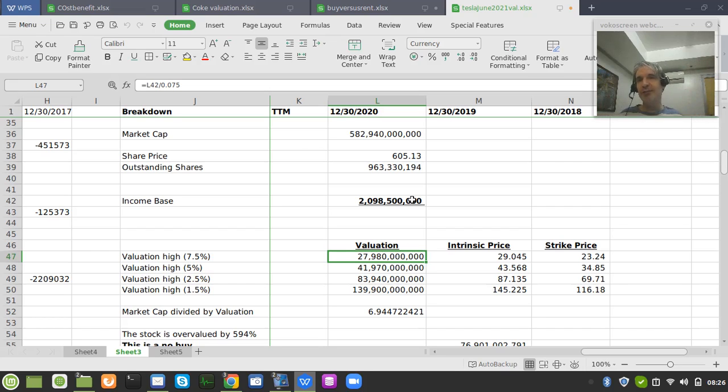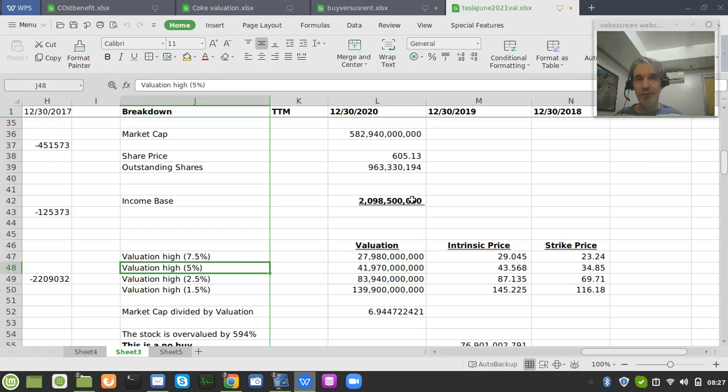So in this case, the valuation of Tesla would be $20 billion if I chose a multiple of 10. But that does not incorporate the growth rate. So I would be very much underestimating the value of Tesla. So let's look at different IRRs that we can choose from.